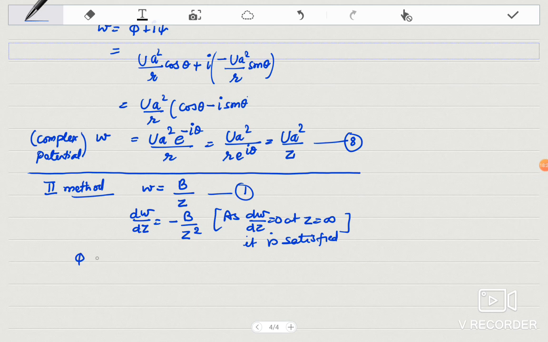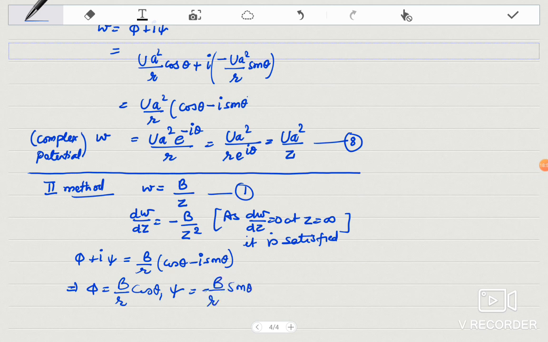Now phi plus I psi will be, from 1, B upon r (cos theta minus I sin theta). This implies phi to be B upon r cos theta and psi to be minus B upon r sin theta. So what will be our QR?